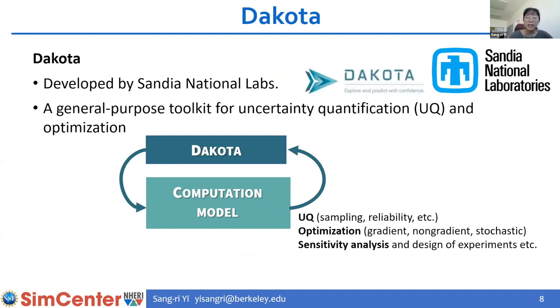What Dakota does is interface with any kind of computational model that the user provides, run the UQ analysis and give the user the results. Those analyses include sampling, reliability, optimization, sensitivity analysis, and more. There are other broader choices.